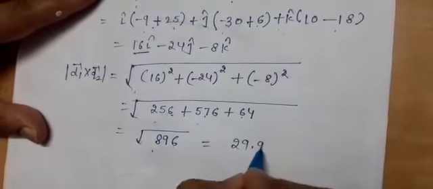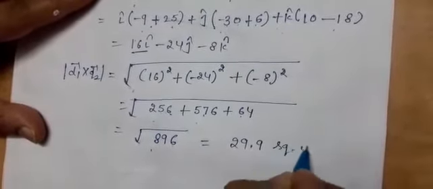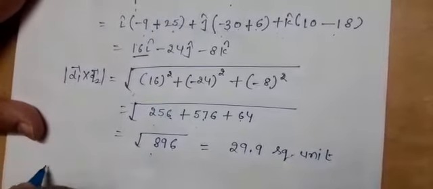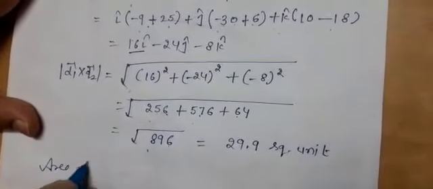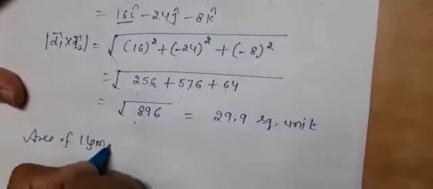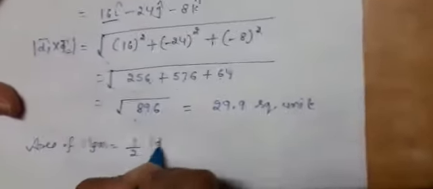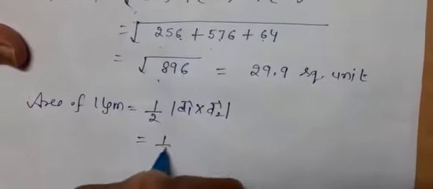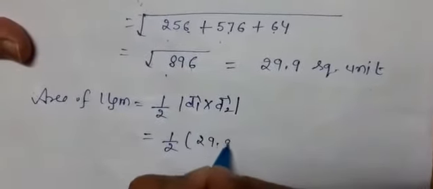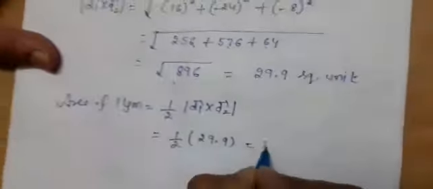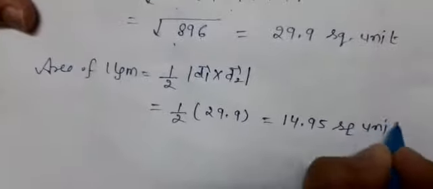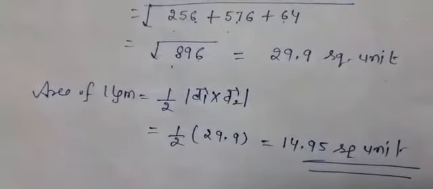This will come out to be 29.9 square unit. Now the area of the parallelogram will be half of this modulus of D1 cross D2. So it is half of 29.9. This is your 14.95 square unit.